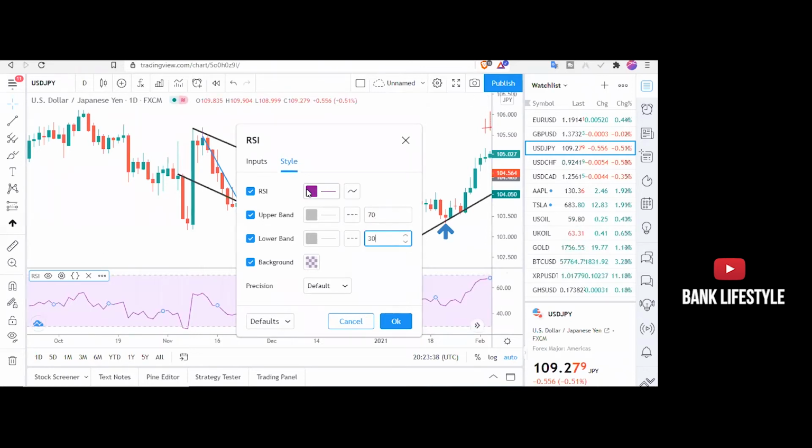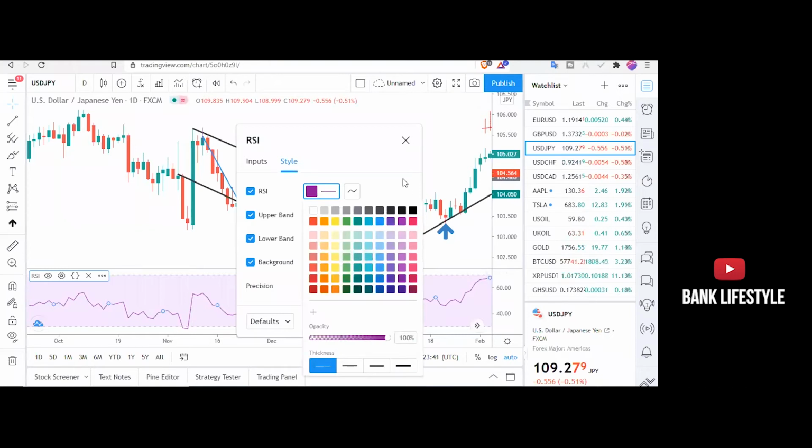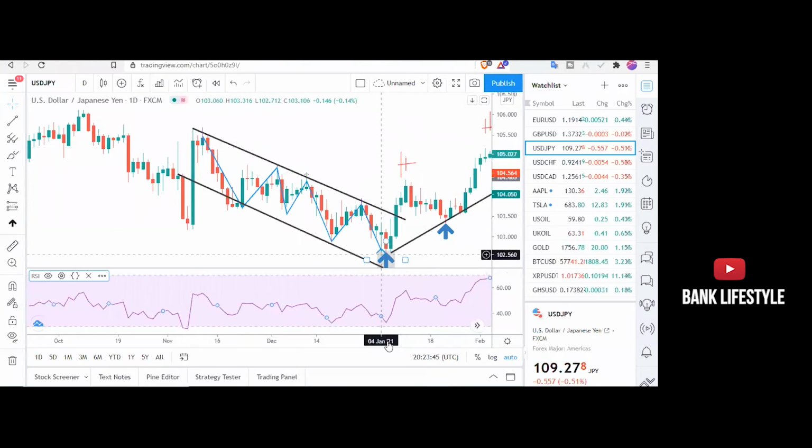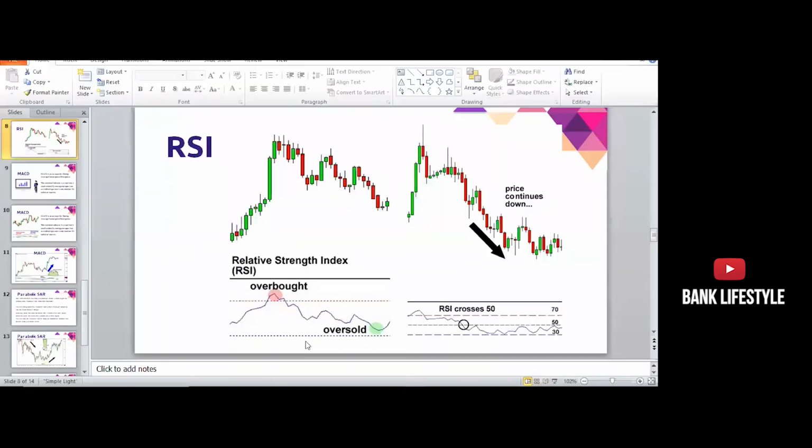You can even change the color. You can customize it anyhow you want. So that is it for the RSI indicator. It shows you whether the price is overbought or oversold, and you should be expecting a reversal or a continuation.